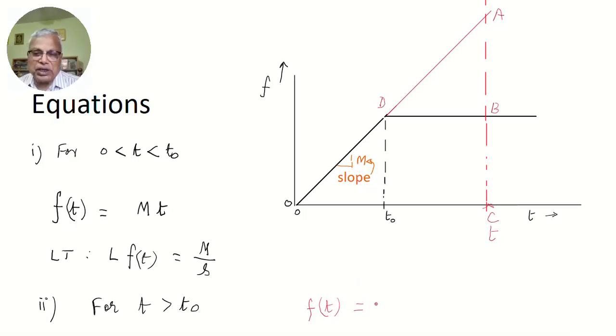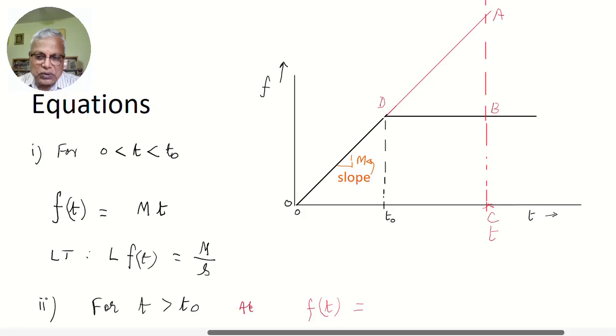The value of f of t at point C will be equal to BC.